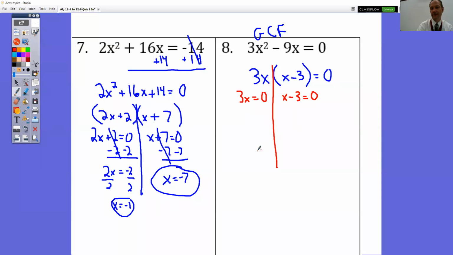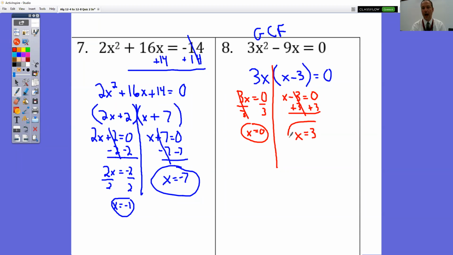And now you just solve it like a normal equation. This is just a one-step equation. Divide by 3, divide by 3. So x equals 0. And then we have plus 3 and plus 3. So x equals 3.